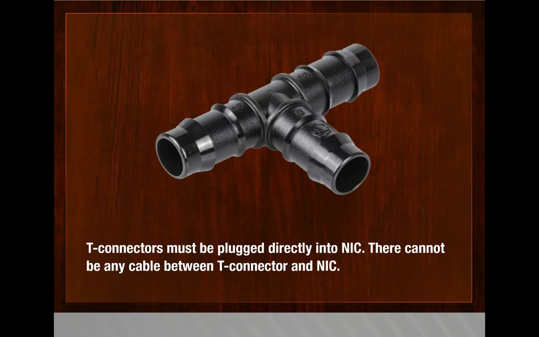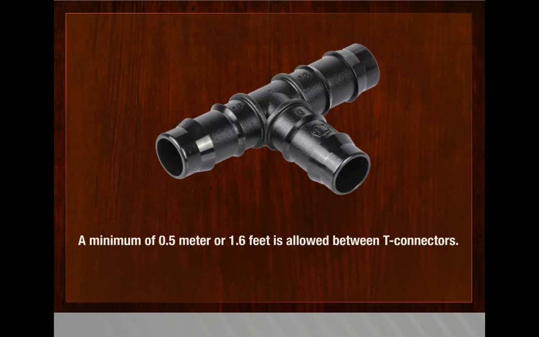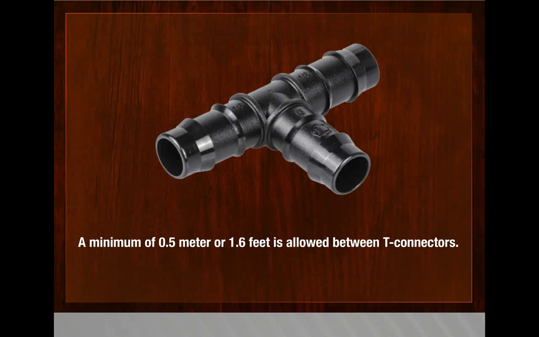T-connectors must be plugged directly into the NIC. There cannot be any cable between the T-connector and NIC. A minimum of 0.5 meter or 1.6 feet is allowed between T-connectors.